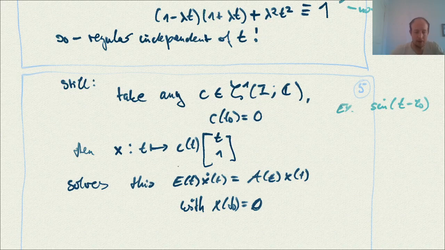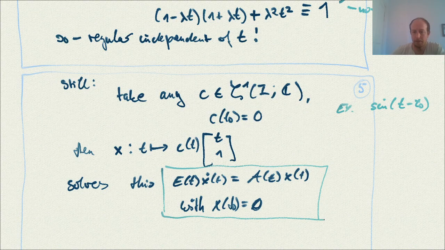So we have constructed a solution to the homogeneous problem. Since there are very many such, we can just multiply with any number. So alpha times this will also be a solution, because this will be 0 here and it's differentiable. Well, you can think of many functions c that have this property.